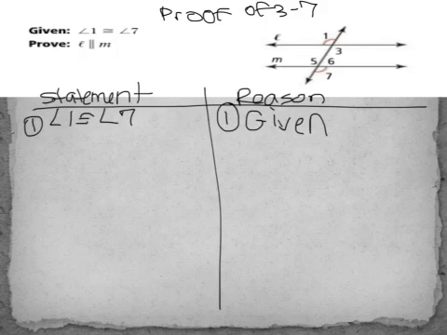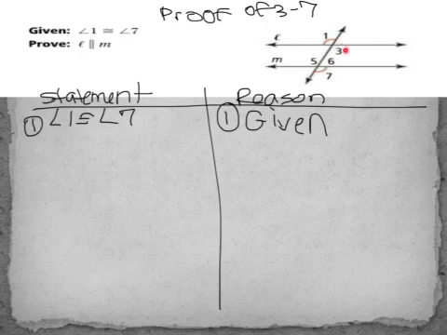So it's a proof of alternate exterior angles. So we're not going to just simply state that angle 1 and 7 are exterior angles, because we're trying to prove the converse of the exterior angle theorem. So instead, let's look at alternate interior angles, because that does come before the exterior angles theorem.